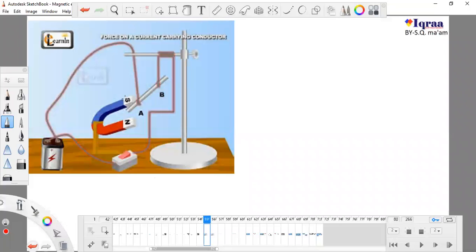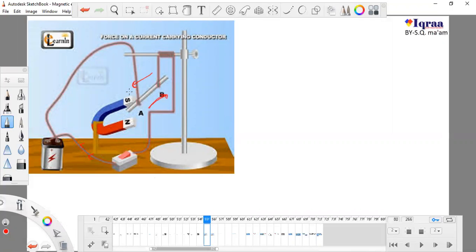So it was our magnet, and you can see it is our aluminum rod. In this case, we have to generate force. I collected this diagram from somewhere to tell you that one time the direction of current will be like this, and another time the direction of current will be like this.